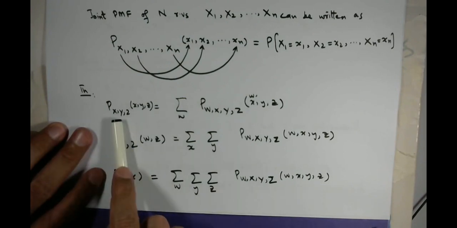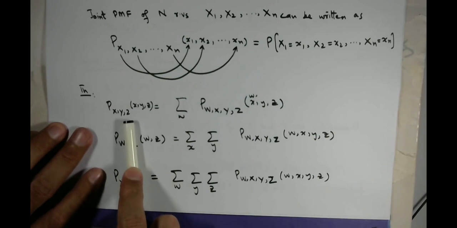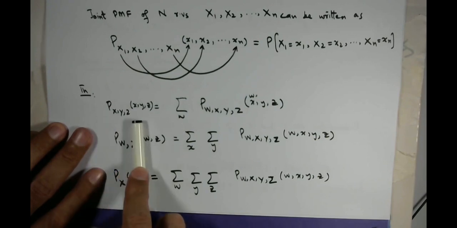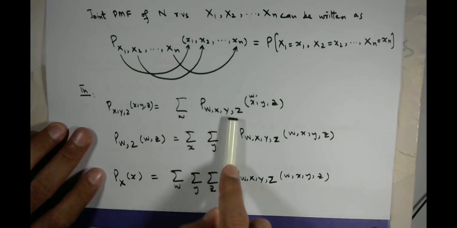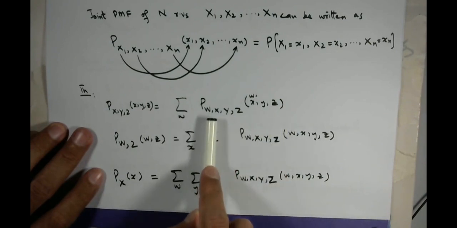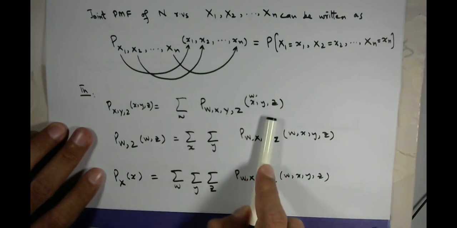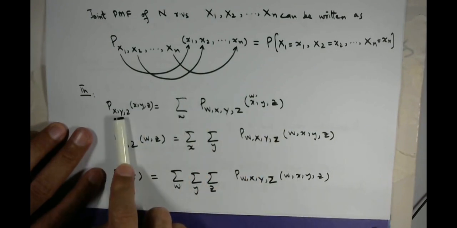For example, if you want the marginal distribution on x, y and z, the joint distribution on x, y, z from this 4-dimensional distribution, you sum this 4-dimensional distribution on a random variable which is not here.